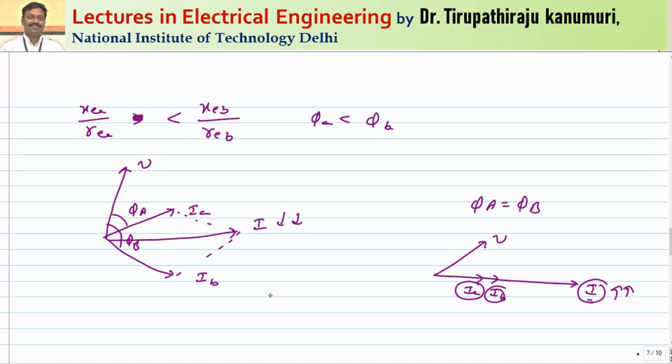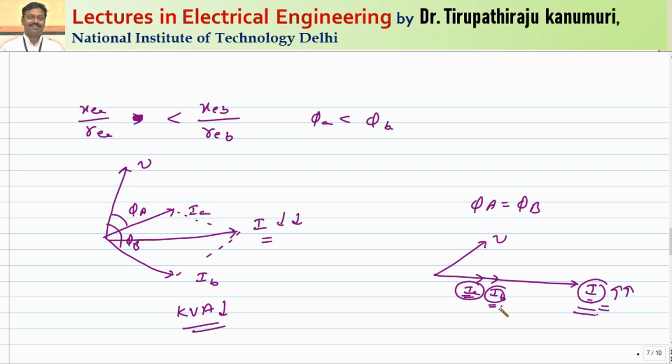Or we can conclude that if XEA by REA is equal to XEB by REB, the overall value of the current will be more for the same current carrying capacity of each transformer. Let us assume the current carrying capacity of each transformer is IA and IB respectively. The current will be more when compared to the case where both have different ratios of XE by RE. Or we can tell the kVA rating of your transformer will decrease if the ratio of XEA by REA is not the same as XEB by REB.